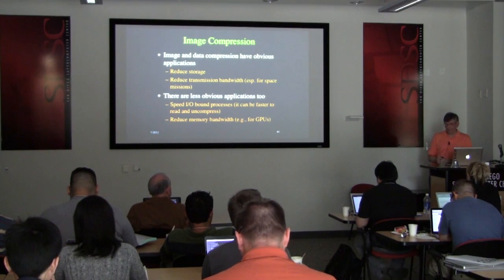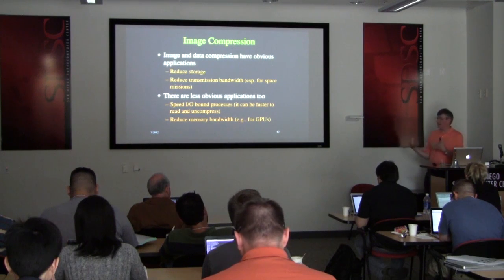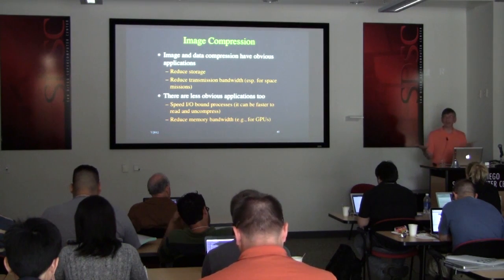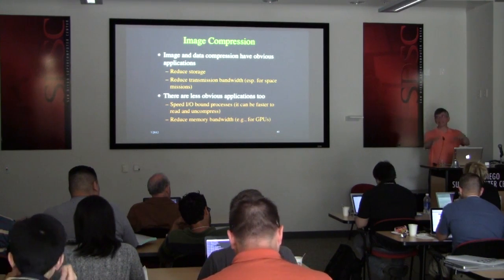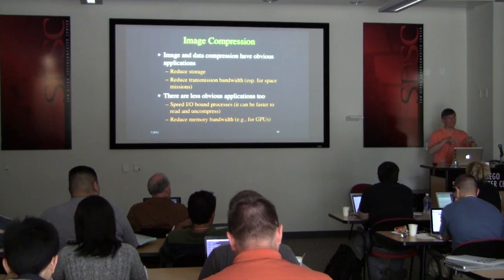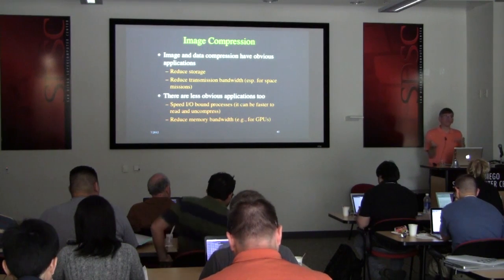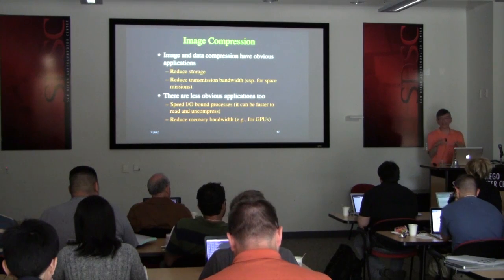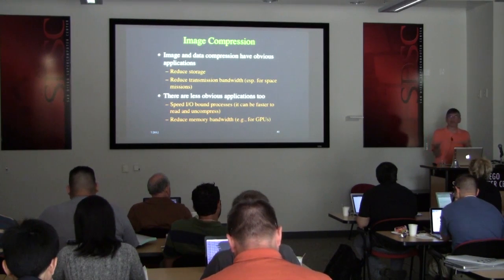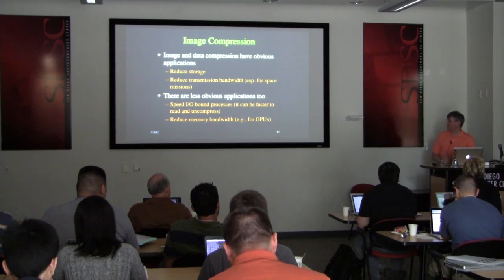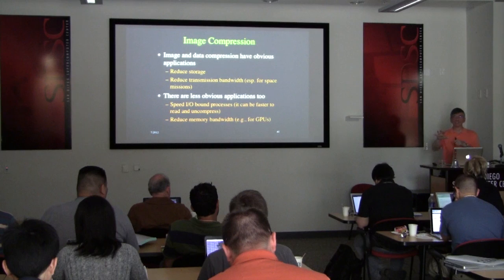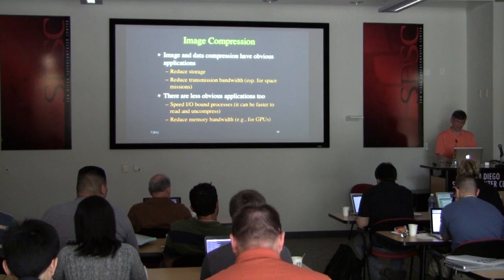The way I think about it is the time it takes to do the processing for a lot of the algorithms that I use is totally dominated by the time to get the data into memory and get the data out of GPU memory. And the GPU itself is kind of free. Once it's in there, you can do a lot of calculations inside the GPU, and it sort of doesn't matter how much you're doing until the algorithm gets extremely complex. So this is another case where if you compress the data, send compressed data into the GPU and let the GPU do the uncompression, you may actually speed your algorithm up significantly.